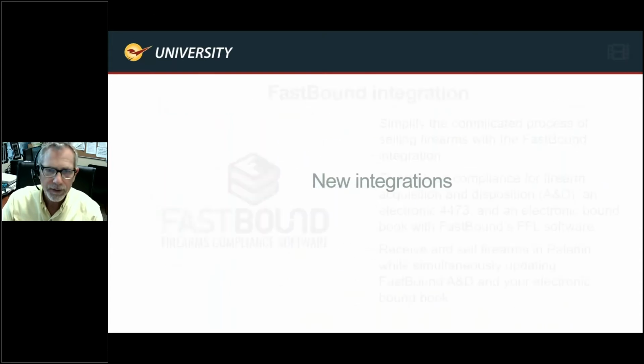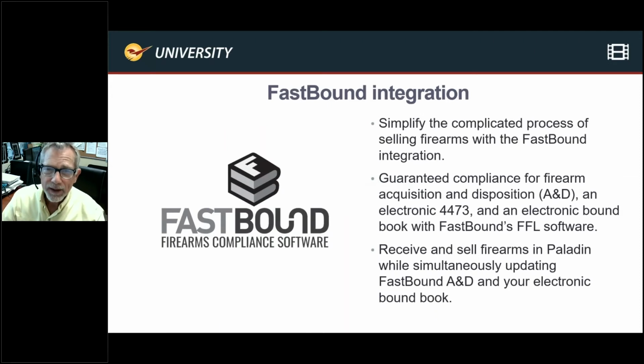All right, let's talk about new integrations. Fastbound integration. This is a very exciting feature that we've added. This is a product that integrates entirely with Paladin. So if you are selling guns today, or if you are in the market and may want to add a line of firearms, we have a solution for you that is 100% fail-safe.